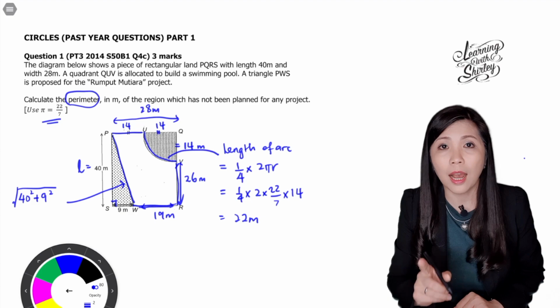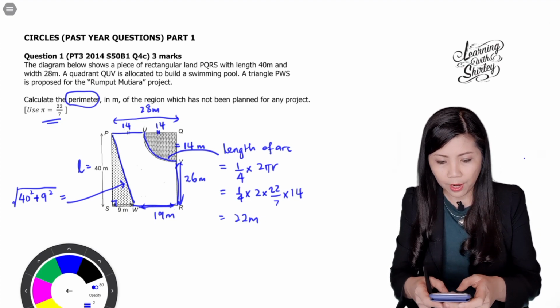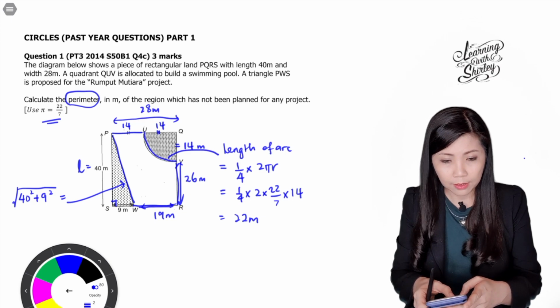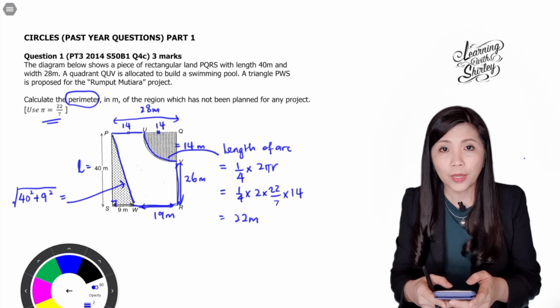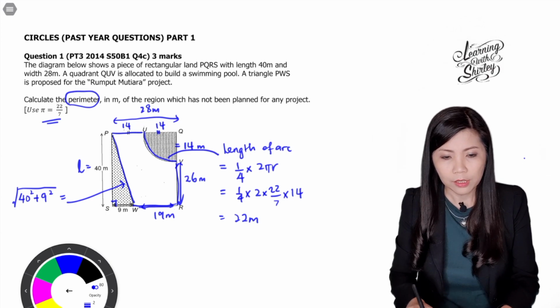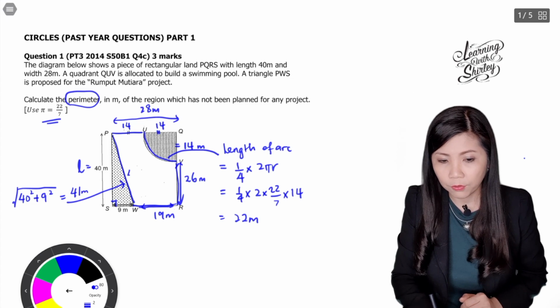And PW is the hypotenuse. So 40 squared plus 9 squared, which is 81, and then you square root the answer, you will get 41. So therefore this is 41 meters. I'm going to write here 41 meters, and this is 22 meters.